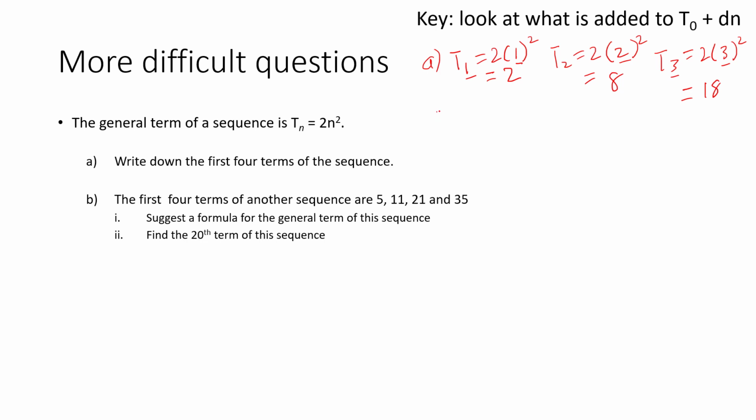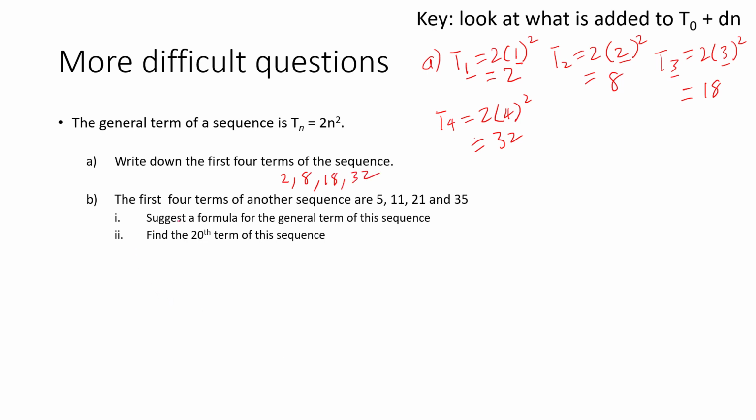And finally, let's look at term 4, which is equals to 2 times 4 squared, and I will have 32. Alright, so the first 4 terms are 2, 8, 18, as well as 32.